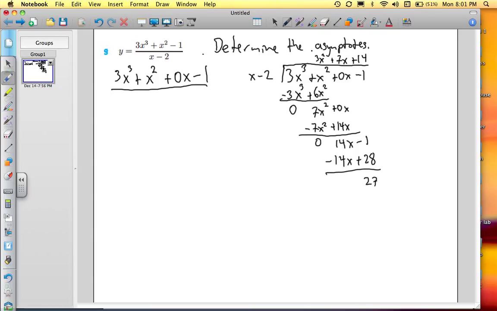So here we are. 3x squared plus 7x plus 14 plus 27 over x minus 2. Now as x gets really big, this becomes 0, and we're left with the oblique, which is, as you can see, not a linear, but actually quadratic.